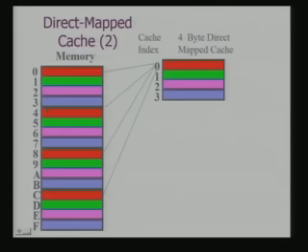Similarly, 1 goes to location 1, 2 goes to the second, 3 goes to 3, and now the 4th location goes to 0. Similarly, your 8th location goes to 0. So, you can see that multiple locations are getting mapped to a single cache block.